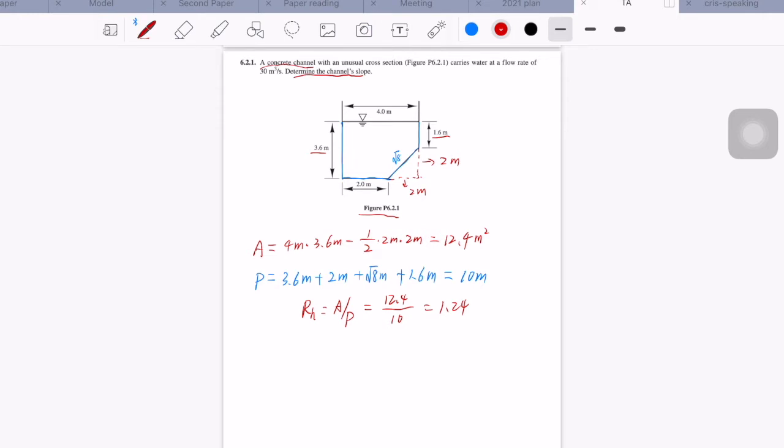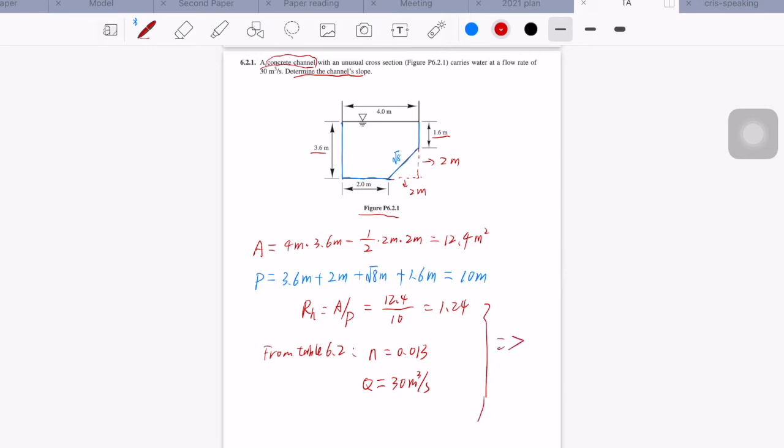And since we know this is a concrete channel, from Table 6.2 in the textbook, the Manning's coefficient for the concrete channel n equals 0.013. And from the problem, we also know Q equals 30 cubic meters per second.